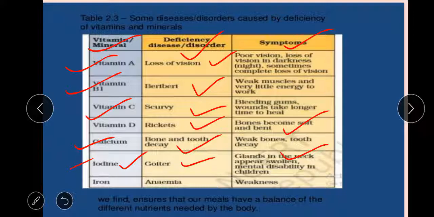In this, symptoms will be glands in the neck appearing swollen, and mental disability in children. Lack of iron causes anemia and the symptoms will be weakness.